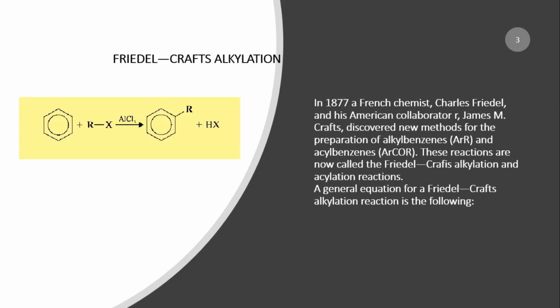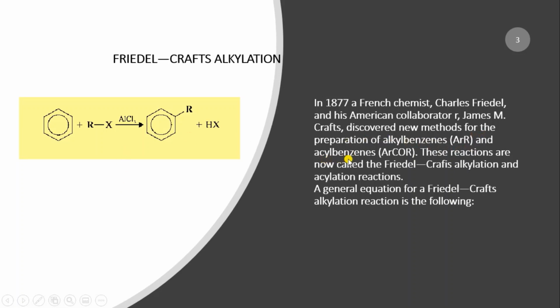This was proposed by the French chemist Charles Friedel in 1877, and his American collaborator James M. Crafts. These scientists discovered a new method for the preparation of alkyl benzene starting from benzene.